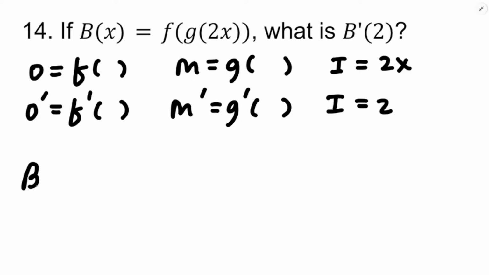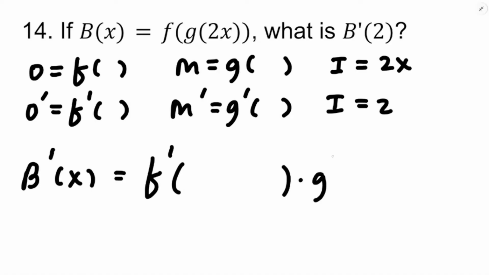So b prime of x will equal f prime of something multiplied by g prime of something else multiplied by 2. And what's going to go inside of f prime is what originally went on the inside of f, which was g of 2x.